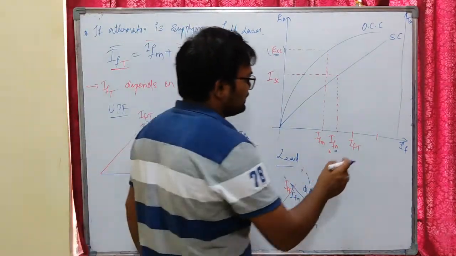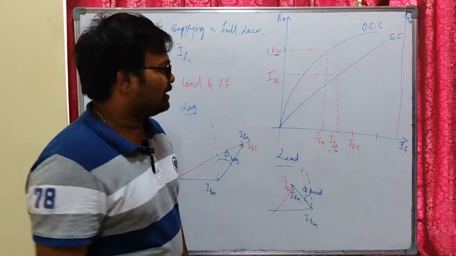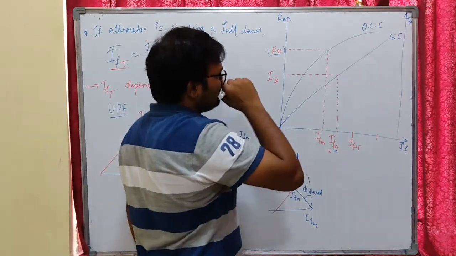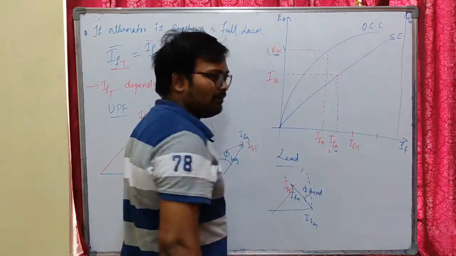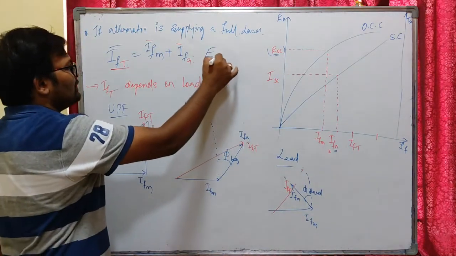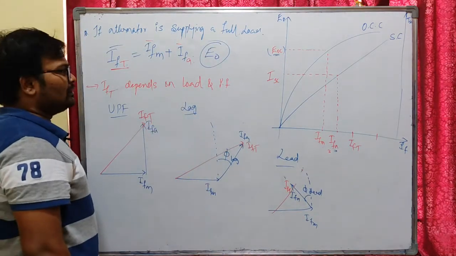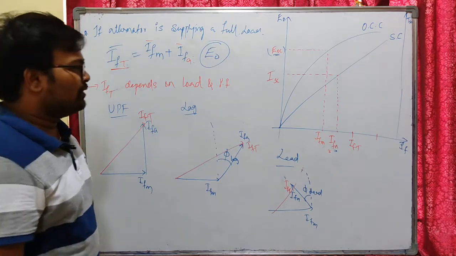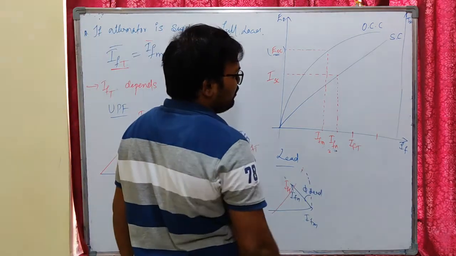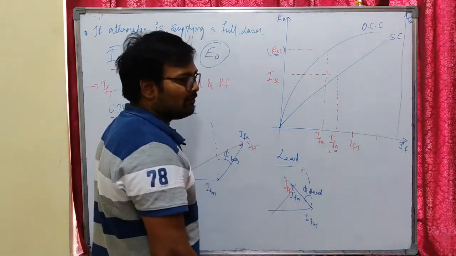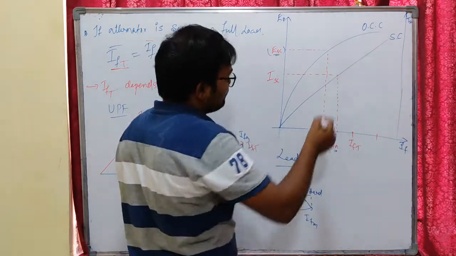So let us consider this is our total field current. We have to find E naught at this current, the open circuit voltage. This is how we are going to find voltage regulation. For full load, for the total field current, we find our open circuit voltage.